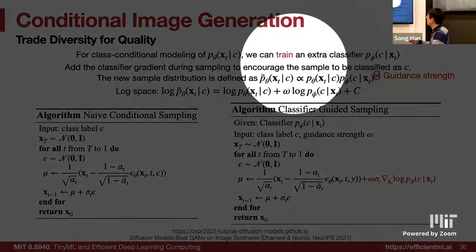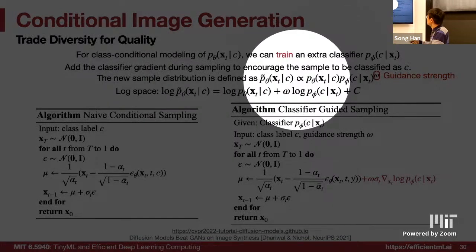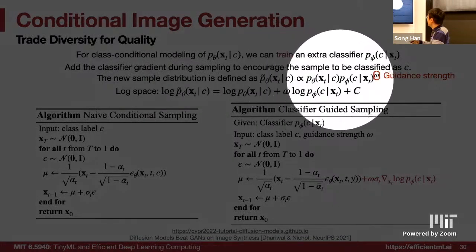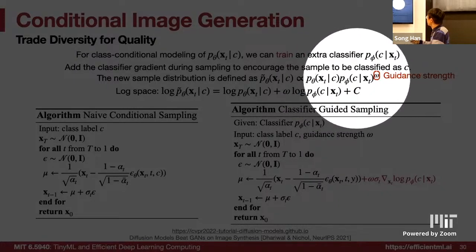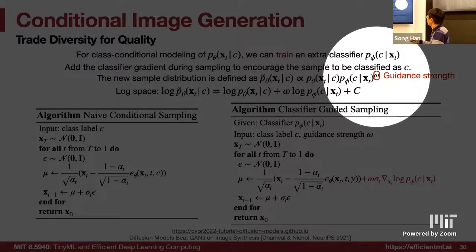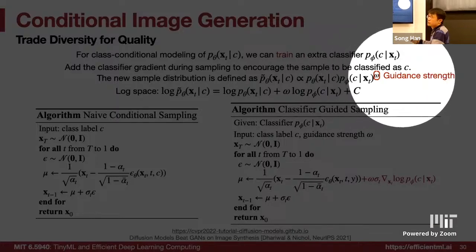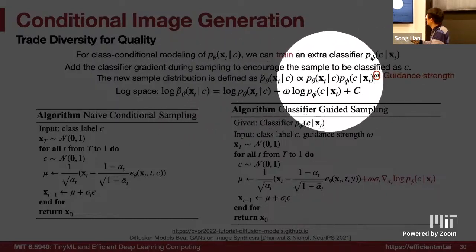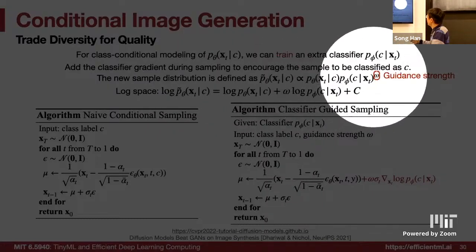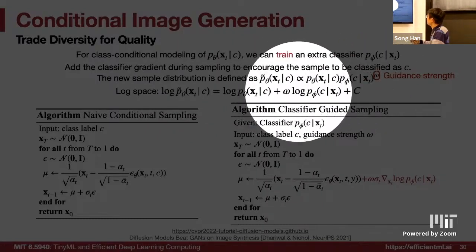So the new sample distribution is defined in this way. Given this class, we want to sample an image, and also this image is predicted to belong to class C. And we add the power of omega, which is the guidance strength. In the log space, the multiplication becomes the sum, and the power of omega becomes omega times log p.